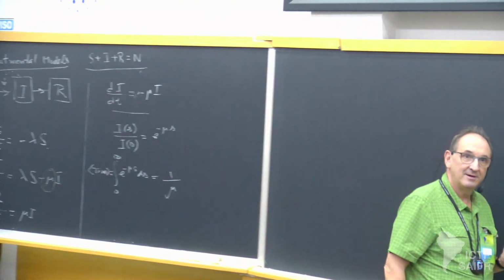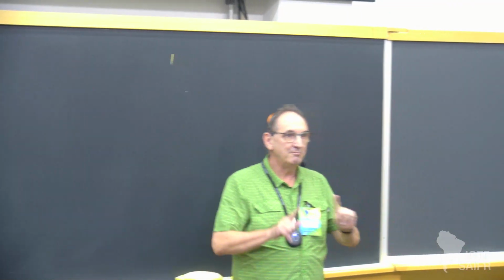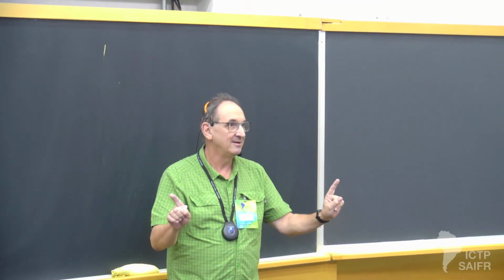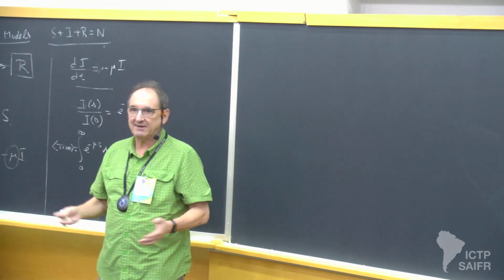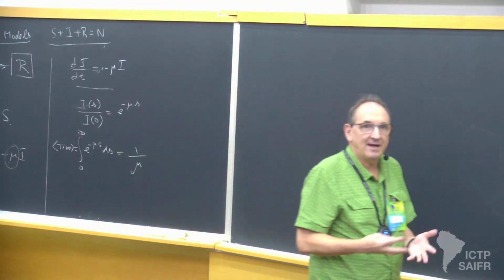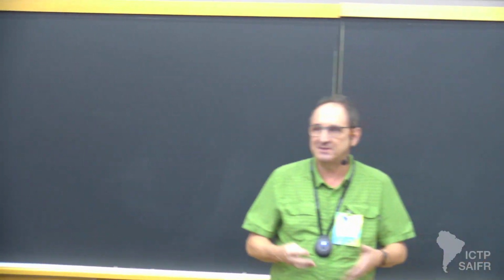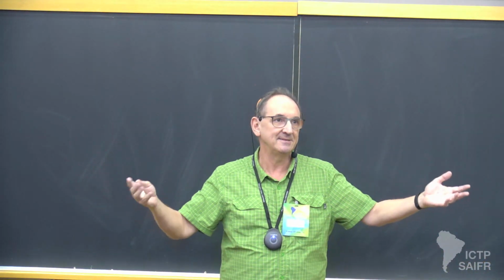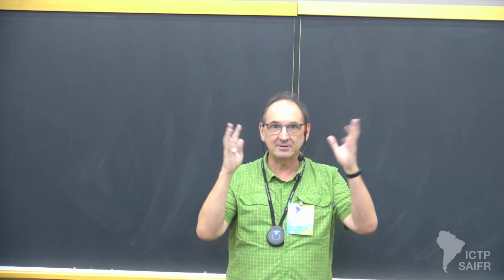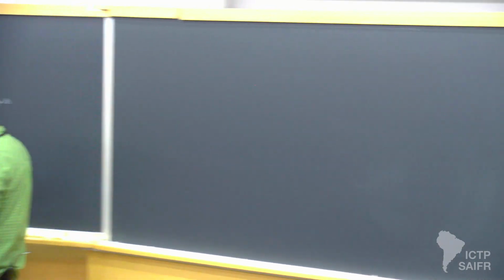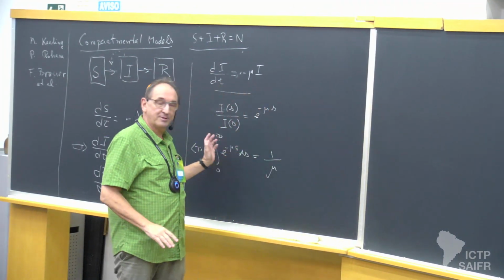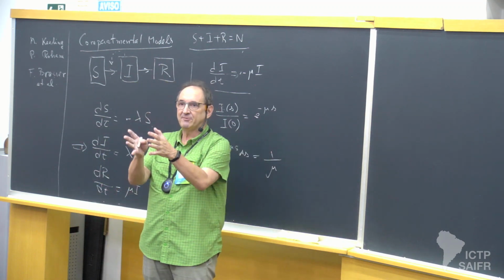Why is this important? Because here we start to make a connection with things that can be measured or estimated somehow. And this is one thing you know that, for instance, for certain diseases like flu, 1 over mu should be something like 3, 4, 5 days. It's not a month, it's not a second. So you already have the order of magnitude of this parameter. Okay? It's different if I didn't have this interpretation and I have data and I want to fit the model.